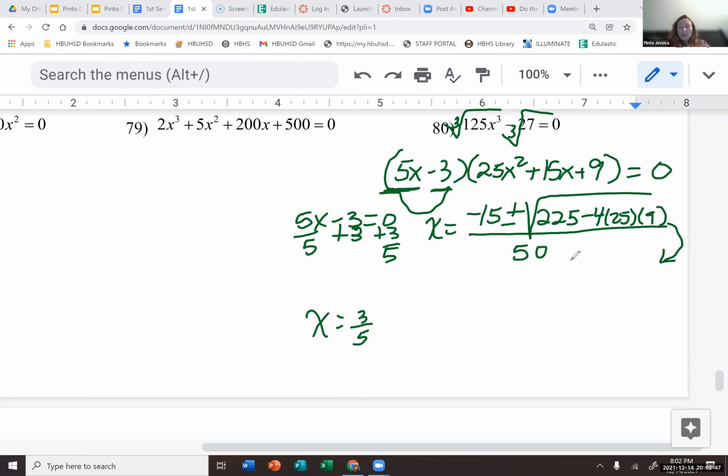So multiplying this, we've got 225 minus 4 times 9, 36 times 25. Let's use a calculator. Those are some big numbers. 36 times 25, negative 900. So I get negative 765.